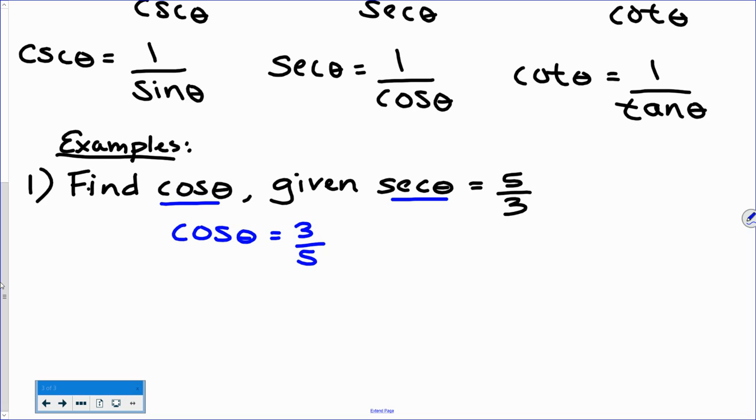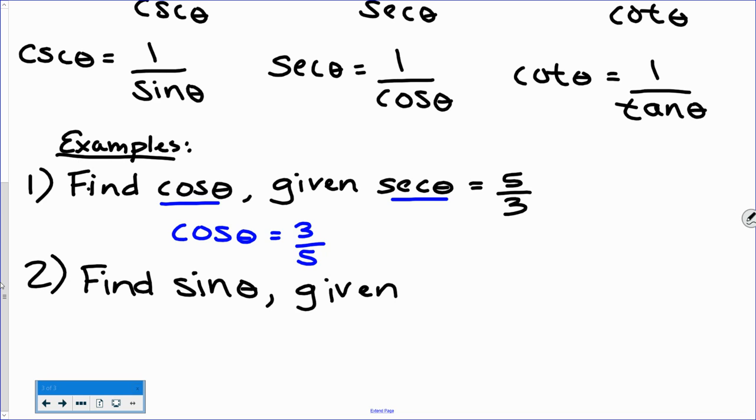All right, so if I give you another example, and I say find sine of theta, and you are given cosecant of theta as the negative square root of 3. Same concept as what we just did.